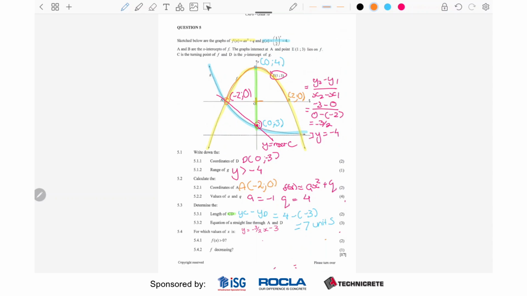So going back to 5.4.1, f of x is bigger than 0 only when x is between negative 2 and 2, because you can see this whole part here is positive.